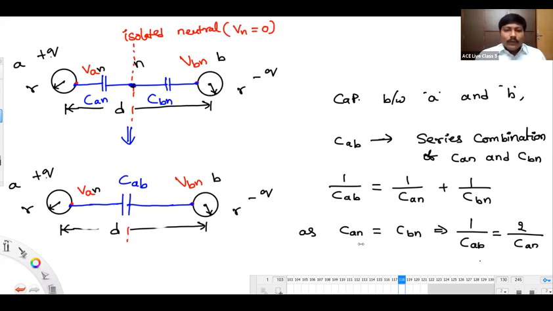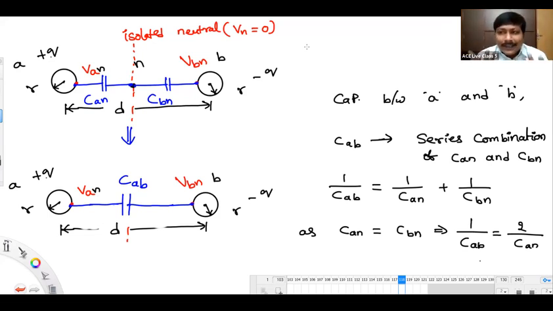Now, practically speaking, we are keeping these conductors at a finite height from the ground, maybe 5 meters or 4 meters from ground level. Like that, we are keeping the conductors at a finite height from the ground.